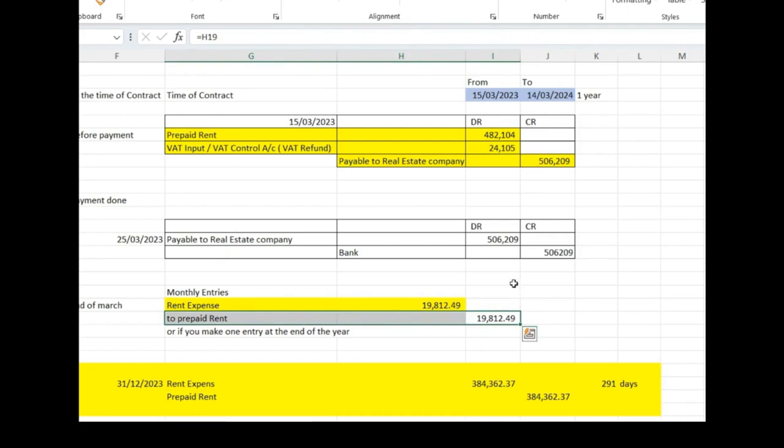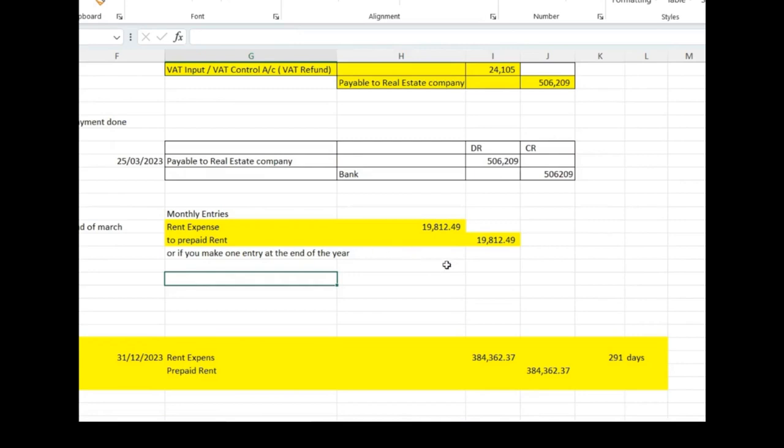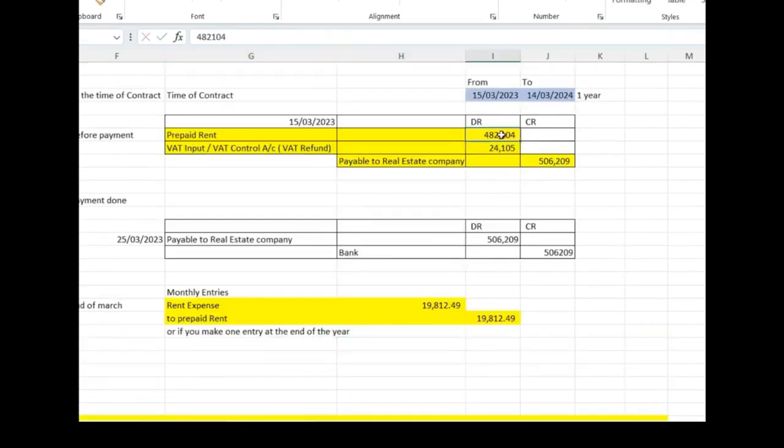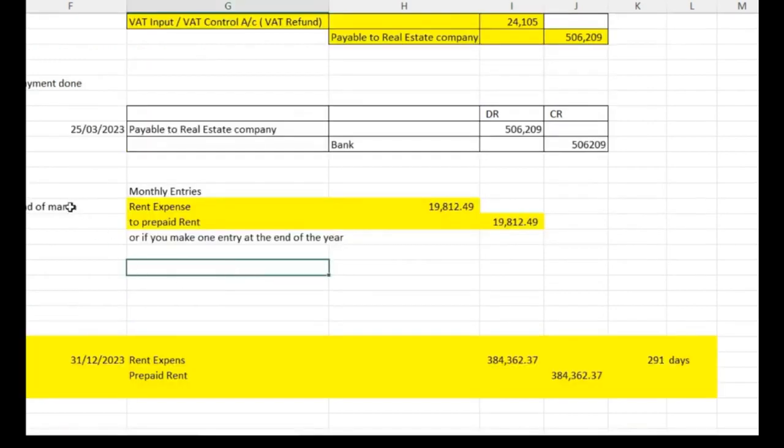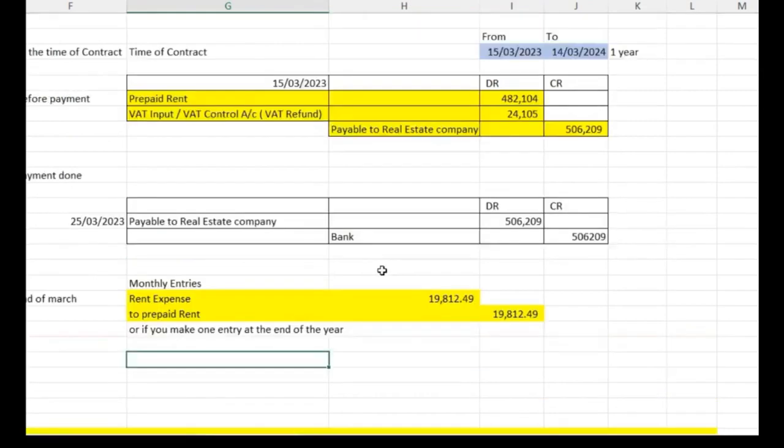And similarly for the next month you will make a journal entry. Next month your entry would be the total rent amount without VAT, because the VAT amount will be adjusted separately in the VAT control account or VAT refund account or VAT input account, whichever account you are choosing. At the end of April, you will make this entry.